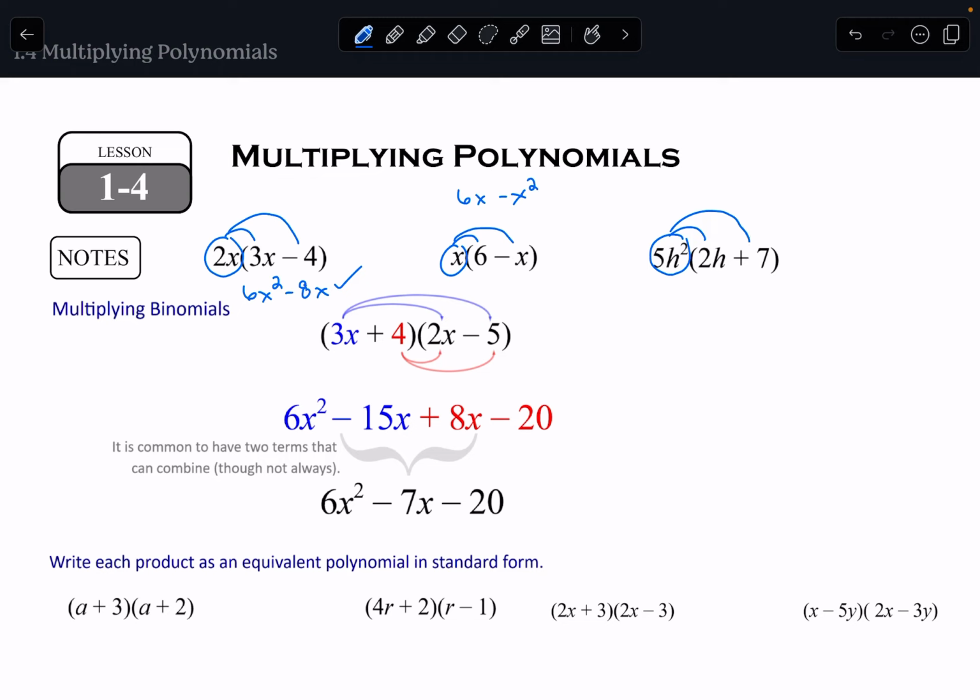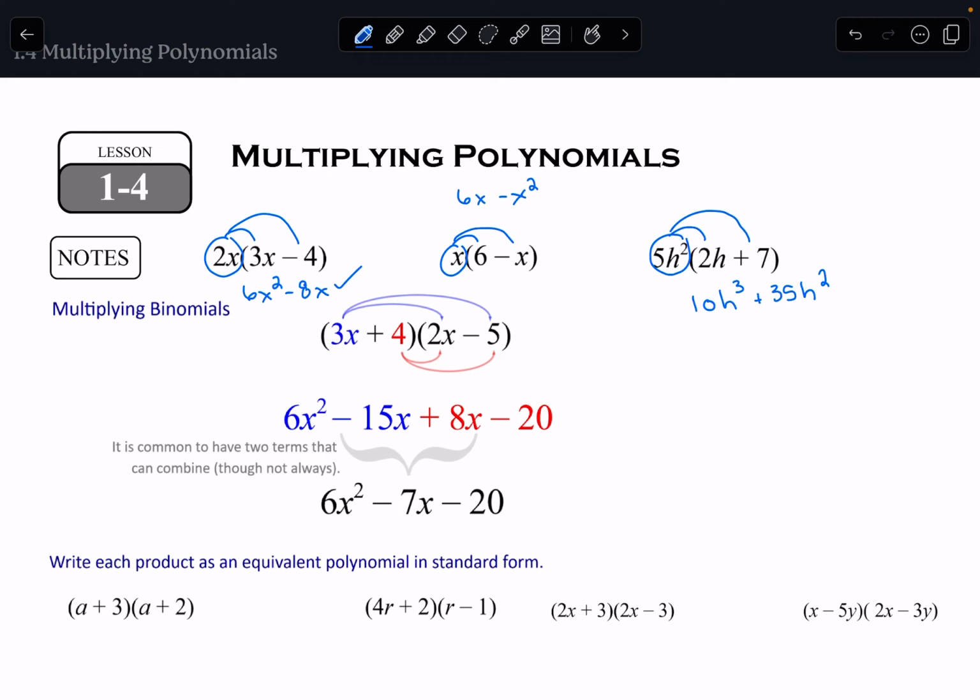This requires you to remember some of our exponent rules. 5h squared times 2h, 5 times 2 is 10. H squared times h is h cubed. Now 5h squared times 7 is 35h squared, because the 5 times 7 gives you 35.